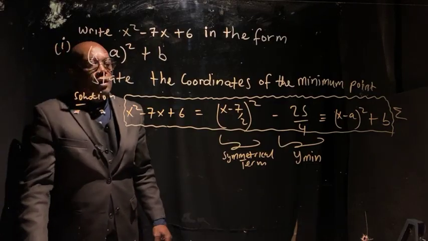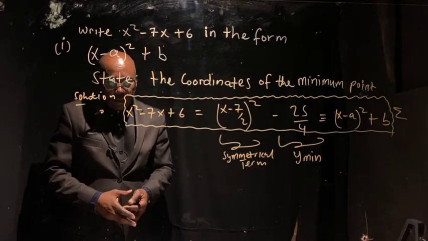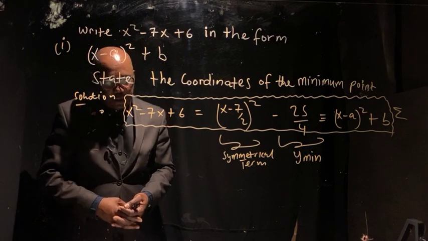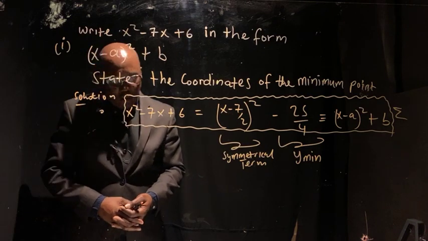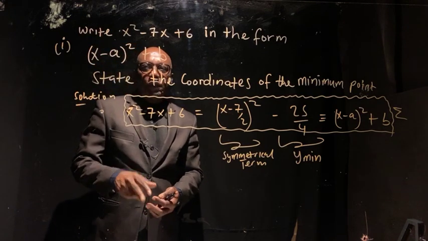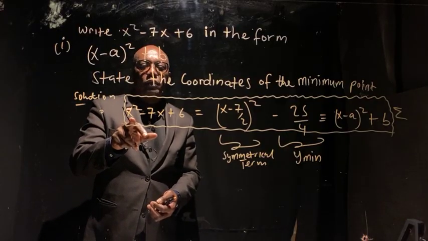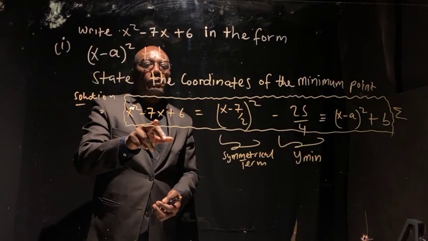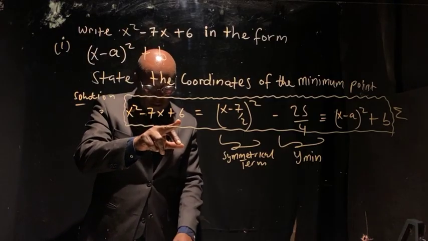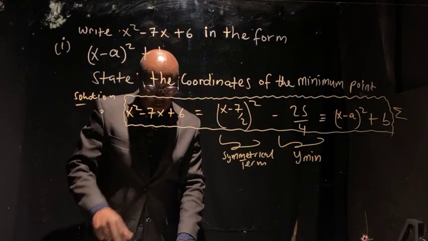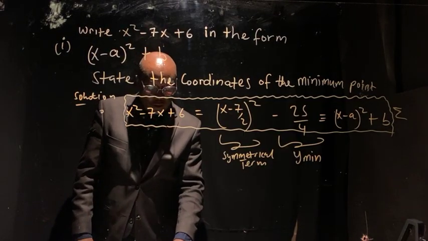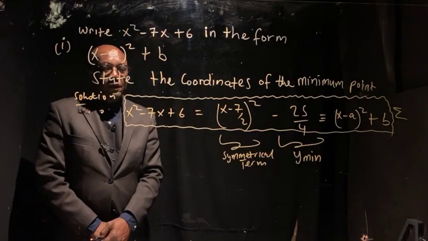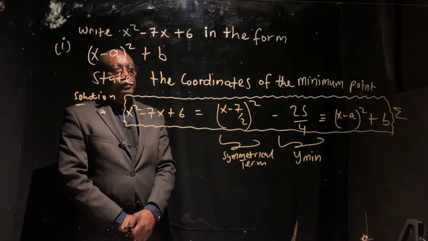Welcome back. To continue the next part of the question, it says: find the coordinates of the point where the graph whose equation is y equals x squared minus 7x plus 6 crosses the x-axis, and sketch the graph. As I said, that's the third portion.